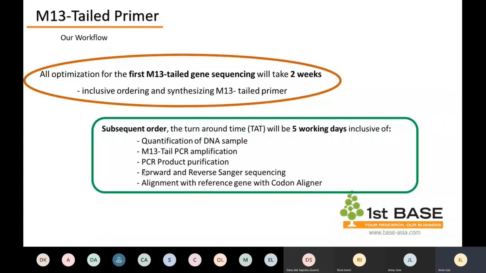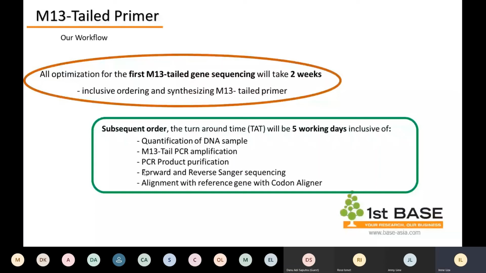Subsequent orders will have a turnaround time of about 5 days, which includes quantification of the DNA sample, M13 PCR amplification, PCR product purification, forward and reverse Sanger sequencing using the primers, and finally alignment with the reference gene with the codon aligner to provide you with information on the mutation, insertion, or deletion.